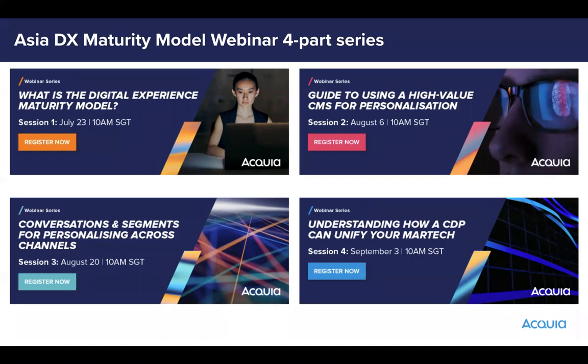And then finally, I'm going to talk about the heart of the Acquia Digital Experience Platform, which is a CDP offering, and how that CDP is going to start bringing that data together in terms of that maturity, and really, I'd like to say, give a steroid boost to everything we were talking about before, and how that CDP can unify that MarTech. I don't want to say help break down silos, because I believe that, due to human nature, will almost never happen, but moving forward in terms of helping silos help each other and learn from each other and getting wins all across the business.